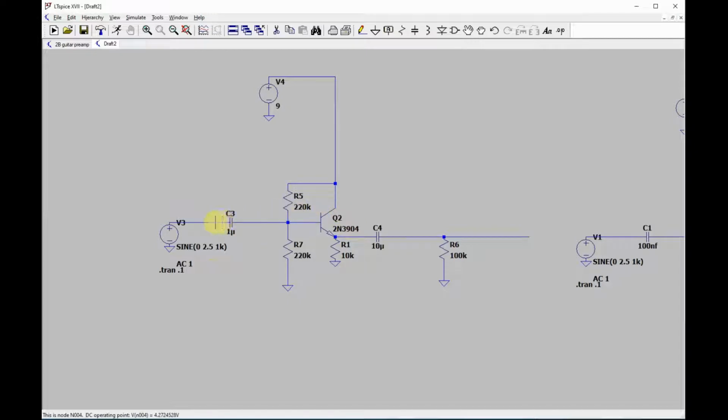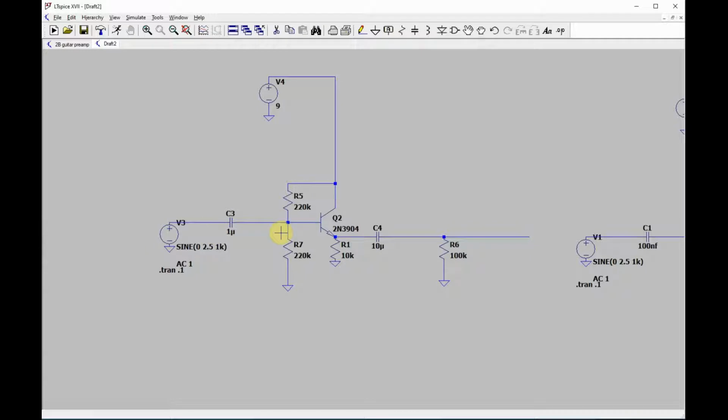So signal comes in, and for AC signals, the input impedance, you have to trace all the paths to ground or to the positive, because they're both, from an AC standpoint, considered like a ground. So if you trace this way, your signal's seeing 220K.